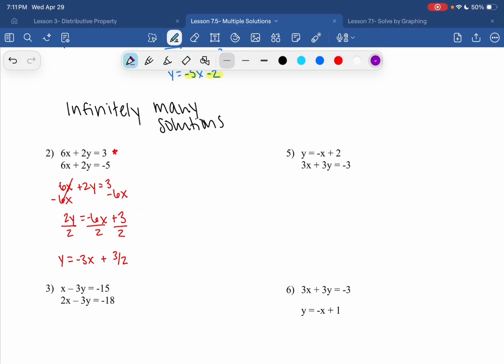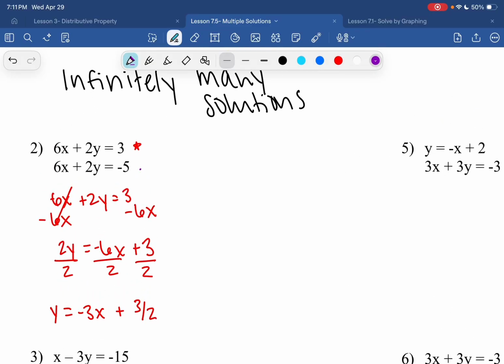Okay, let's put our second linear equation into slope-intercept form. So I'm going to rewrite it over here. I have 6x plus 2y equals -5. I'm going to do the same thing. I need to move that positive 6x to the right side, so I'm going to subtract on both sides.